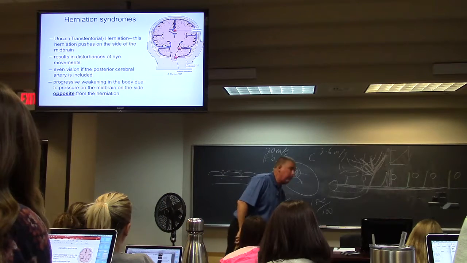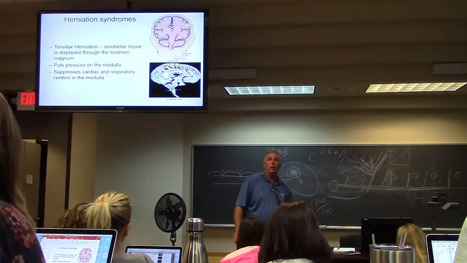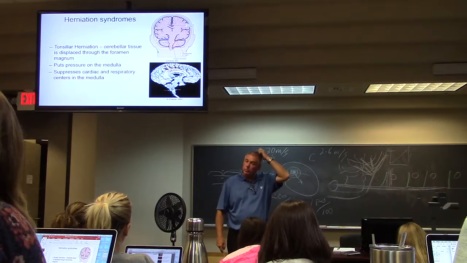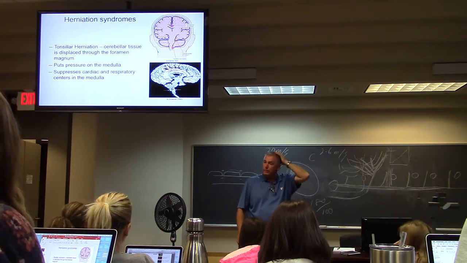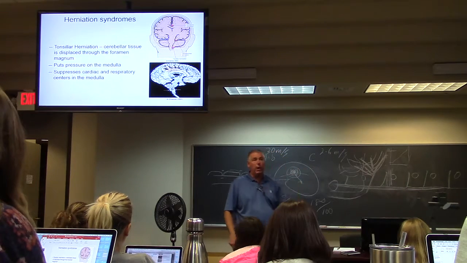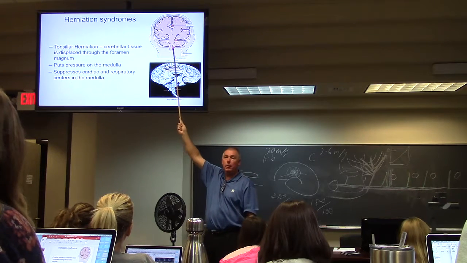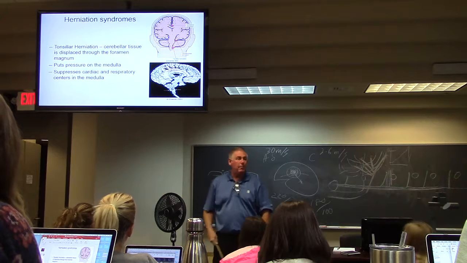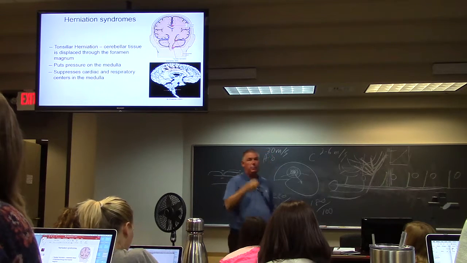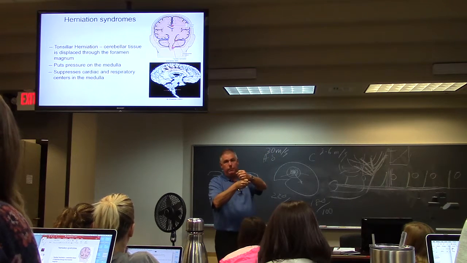And the last type of herniation is a tonsillar herniation. The tonsils are an area of the cerebellum, so these are cerebellar tonsils. They herniate through the foramen magnum. The foramen magnum is the junction between the spinal cord and the medulla.